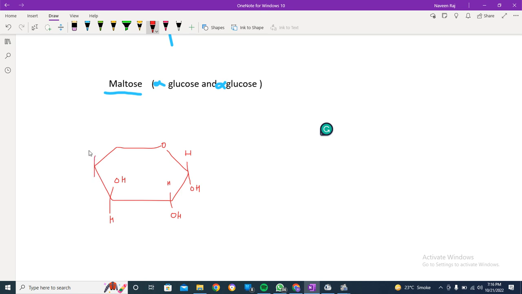Then it is back to normal, H and OH, and over here we have H, and outside we've got the C6, that is CH2OH. So this is the glucose structure, alpha glucose.